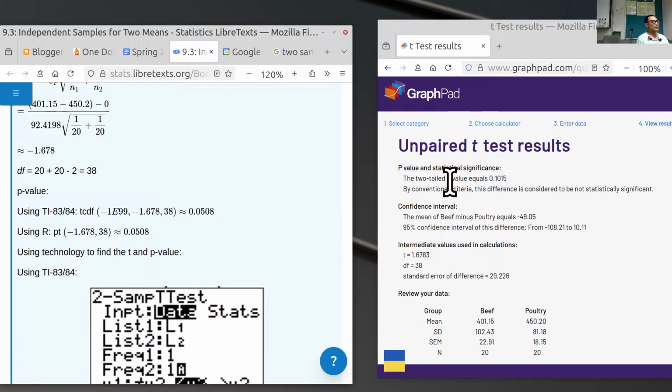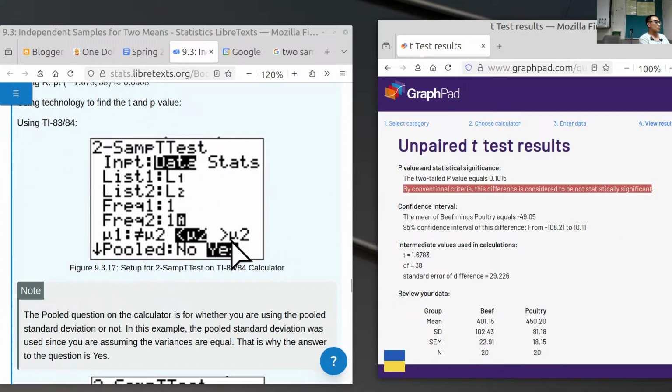The two-tailed p-value is 0.1, and here the p-value is 0.05, half of that, because it's two tails. We can switch it. The p-value is 0.1, thus by conventional criteria, the difference is considered not statistically significant.